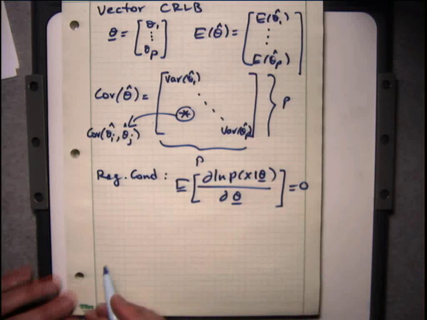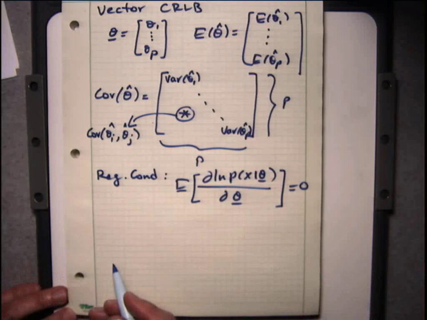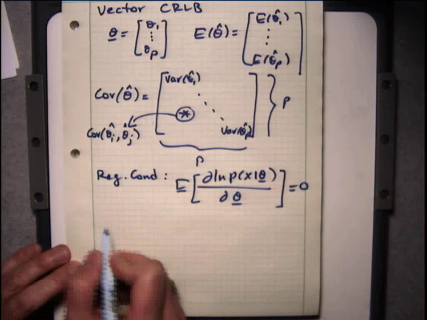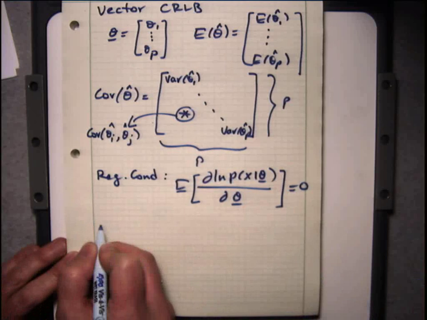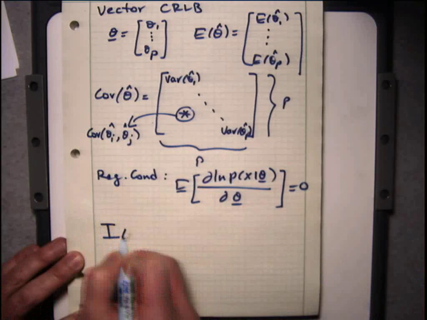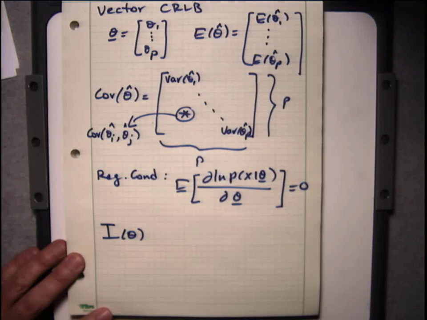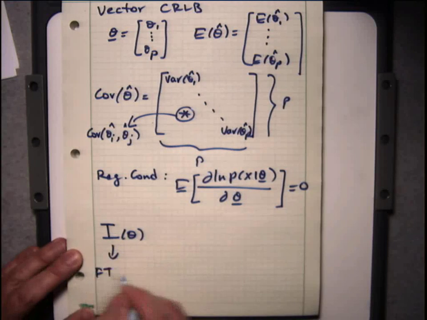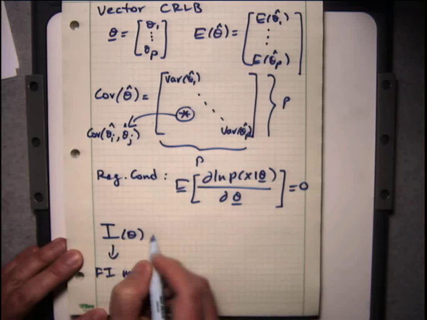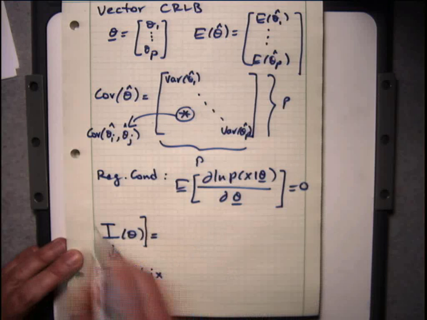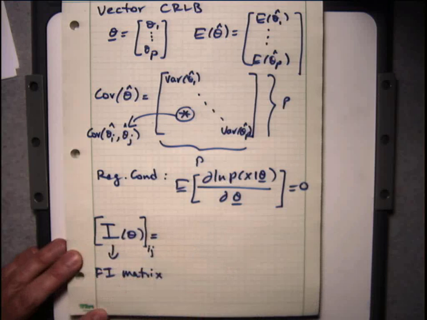Okay, so the Fisher information in this case is going to be a matrix. I of theta is the Fisher information matrix, and I'm going to write down for you its ijth element.